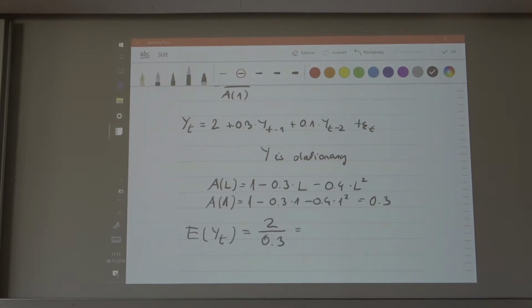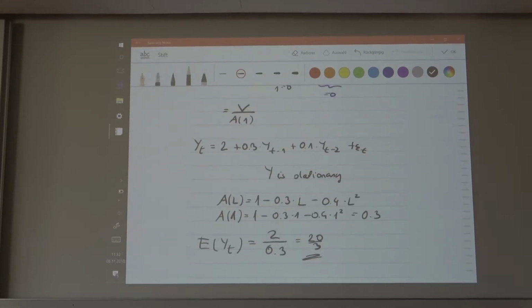This is 2 divided by 3 over 10, so this is 2 times 10 over 3, which is equal to 20 divided by 3. That's the expectation of the process. So that's how you would calculate the expectation, according to this formula.